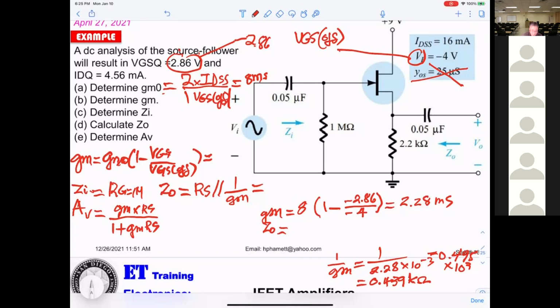So G L will be equal 2.2 times 0.439 divided by 2.2 plus 0.439 equal 0.366 kilo ohm.